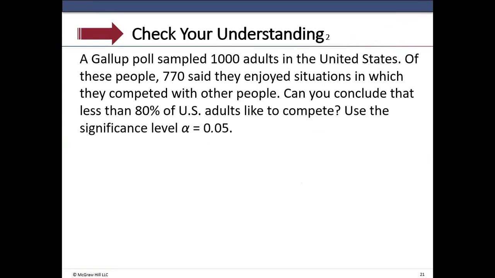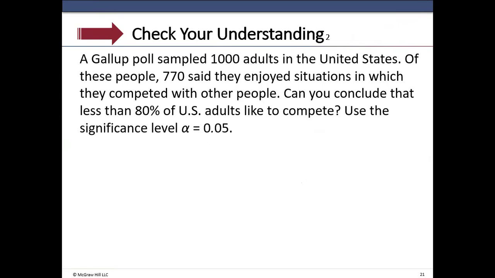Okay, so now we will calculate the test statistic, which is a comparison between the sample proportion and the hypothesized value in the null hypothesis, divided by the standard deviation of the sampling distribution of P hat. So first we need to calculate P hat, which is 770 divided by 1000, is 0.77. Okay, so let's calculate the numerator of the test statistic.